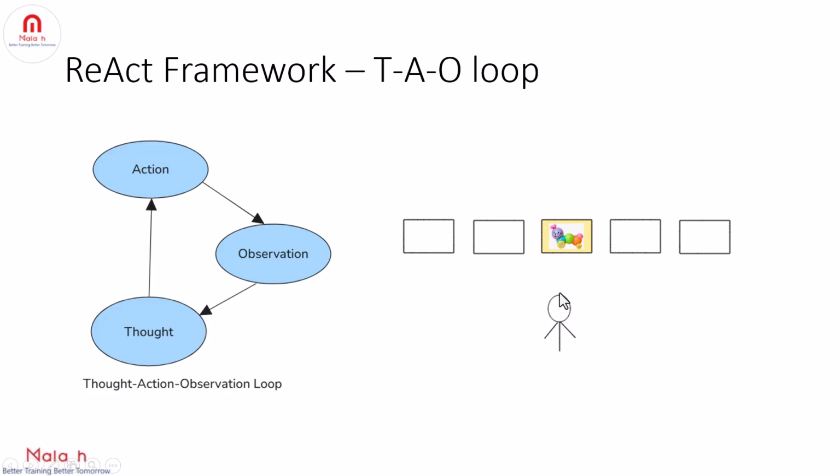For example, let's say the first thing is kid goes to the first box, and then it observes there is no toy at the first box, and then the thought would be okay, nothing in box 1, so the action is to go to the next box, that is box 2, and then again okay, there is nothing here, and then the kid knows it needs to go to the third box. So the kid finds the toy eventually in box 3.